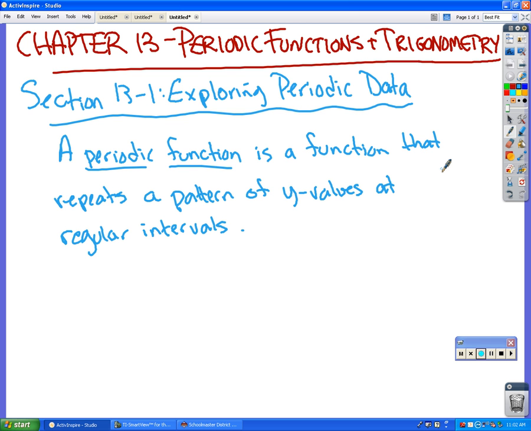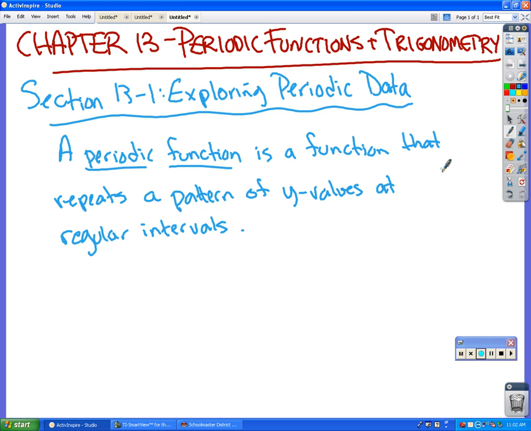Okay? So to go back to the examples that we just talked about and connect that with this definition. In the sun example, our distance from the sun might be the y value, and our distance from the sun is repeated at a regular interval, right? We are the same distance from the sun every year at the same time of year.